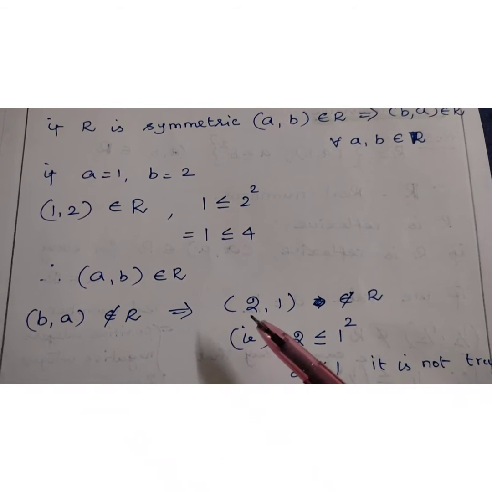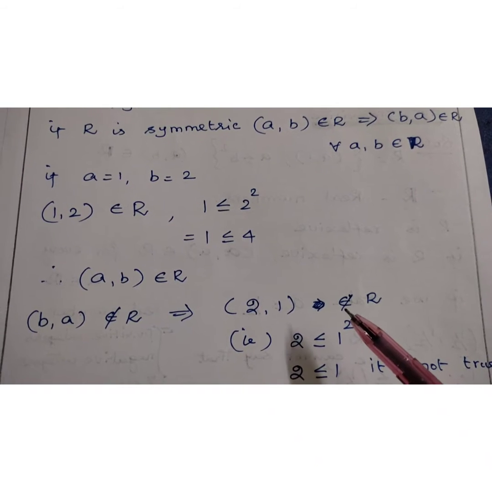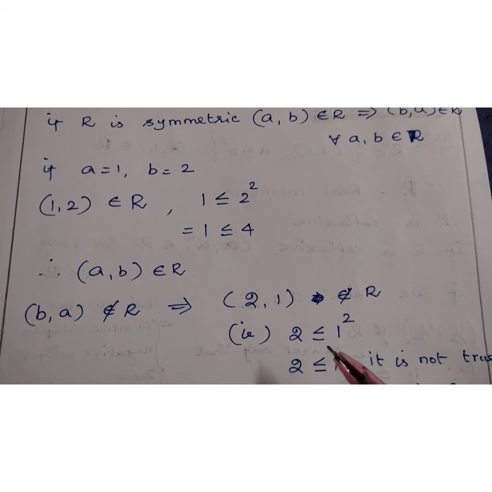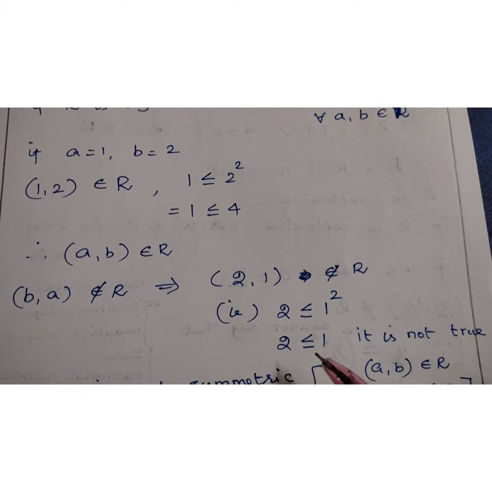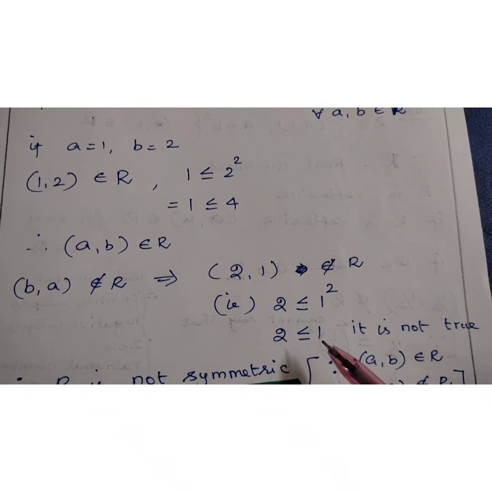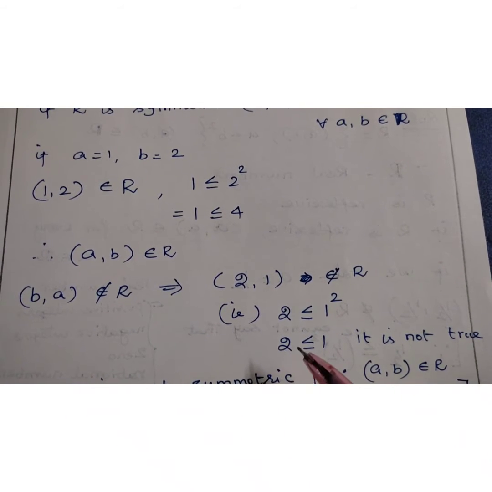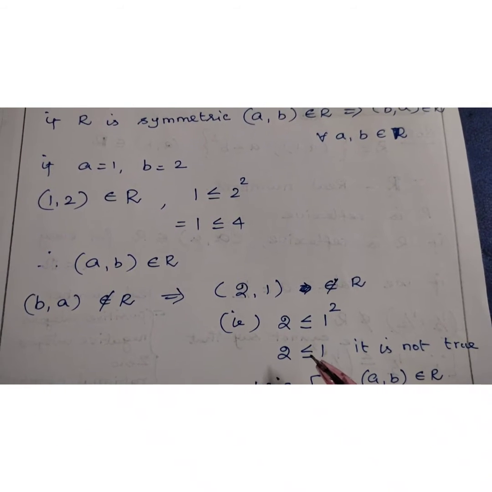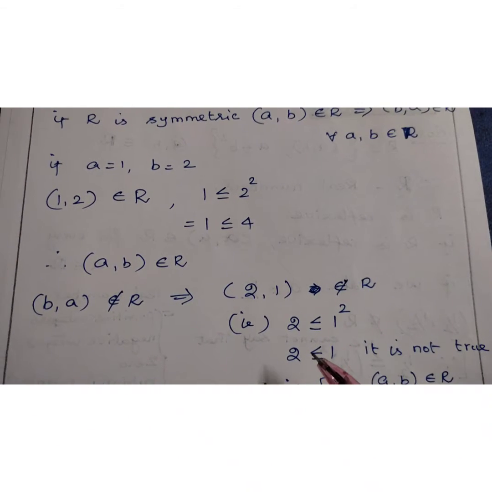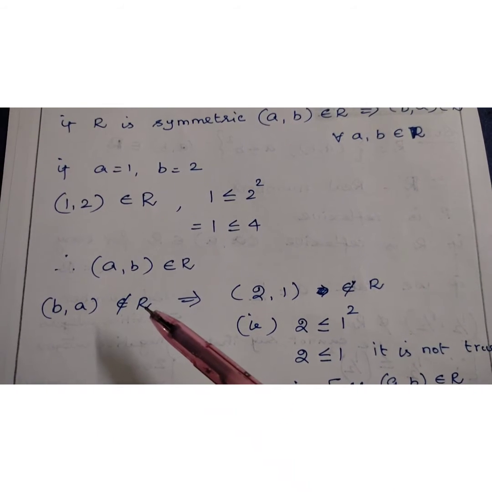Now (b, a), so (2, 1) does not belong to R, because from the given condition 2 less than or equal to 1 square, that means 2 less than or equal to 1. This statement is not true. 2 is greater than 1. Therefore this statement is not true from the given condition. Therefore (b, a) does not belong to R.